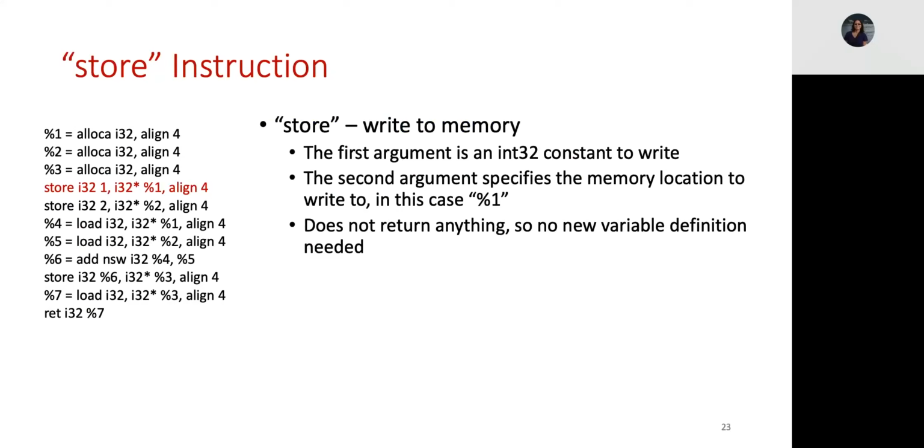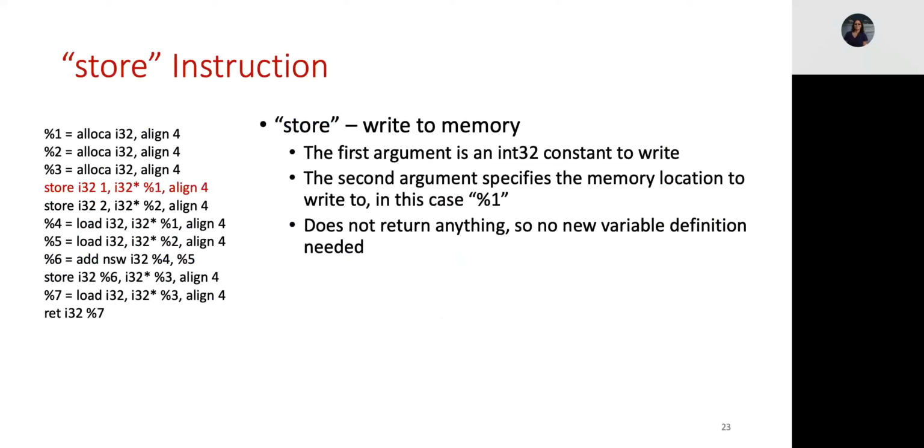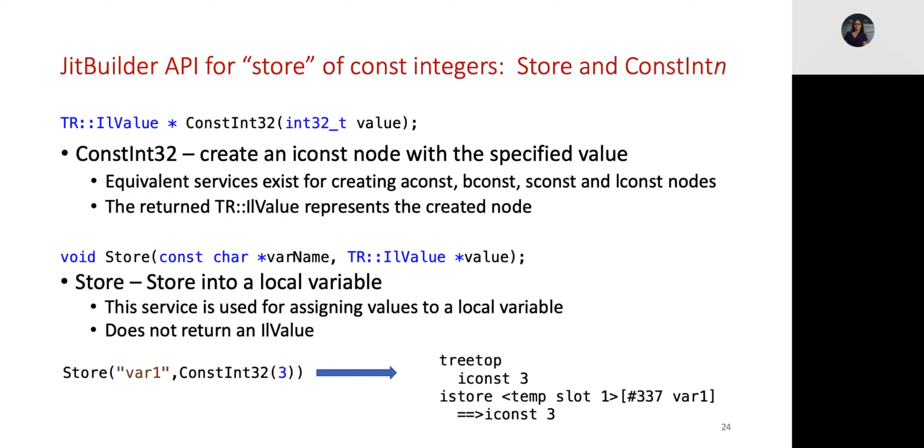So write constant 1 into variable %1. It doesn't return anything, so we don't need a new SSA value to capture anything. There are two different things we see here: we have to create a constant, and then we also need to perform a store. So there are two different JitBuilder services we have to use to handle this instruction.